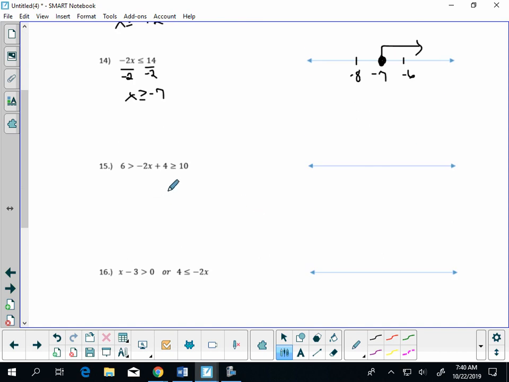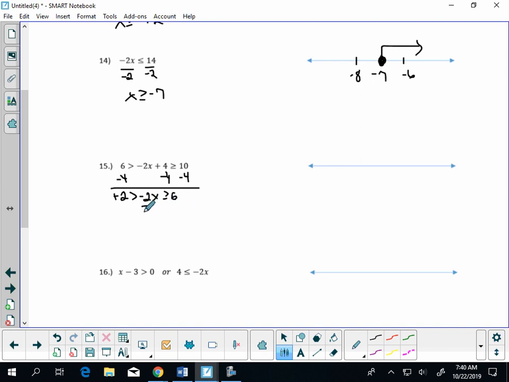Number 15, we've got a compound inequality again. So I'm going to think of it as three sides. Subtract 4 from the middle, from the right, and from the left. And that gives me -2. Nope, not -2, +2. Greater than, that's where I got my -2. -2x greater than or equal to 6.